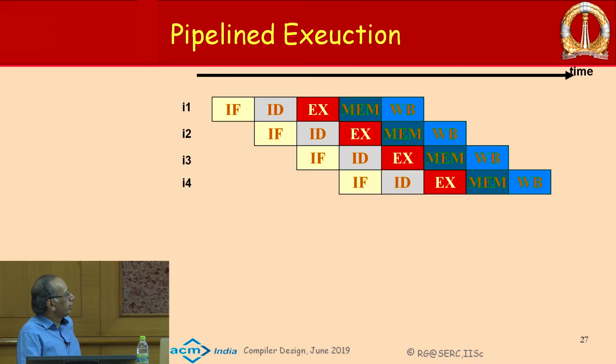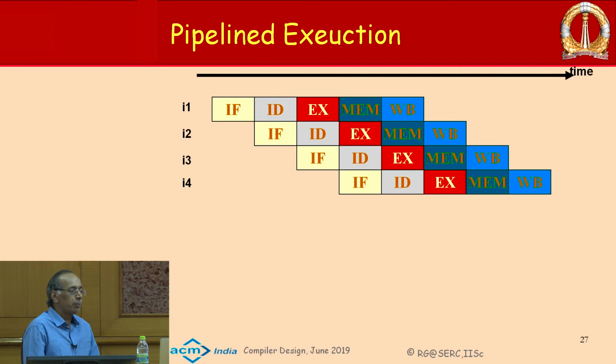So at a given point in time, when the ith instruction is in the write back phase, the i plus 1th instruction would be in the memory phase, the i plus 2nd instruction will be in the execute phase, and so on and so on. This is a very idealistic view, right? This may not be exactly how it happens in practice, but this is something that happens in a very ideal situation. So now if you observe in the end, what do you see? At the end of each cycle, you see one instruction complete, right?